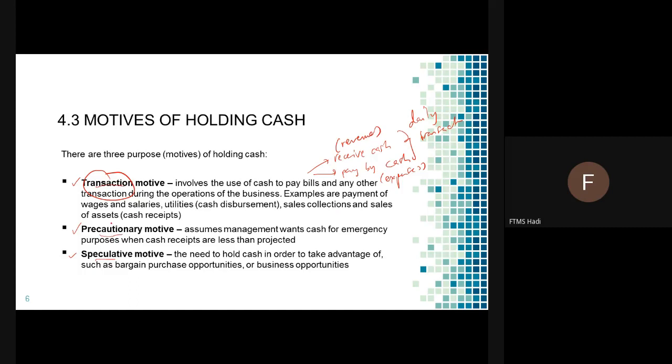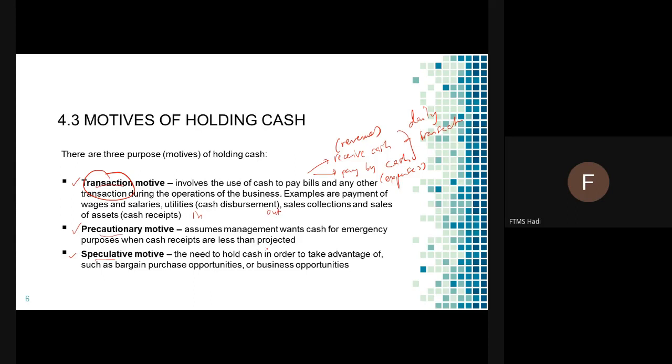Sales collection and sale of assets we call a cash receipt, because receipt means money in. Cash disbursement means money out. That is a transaction which normally and usually happens in the company.